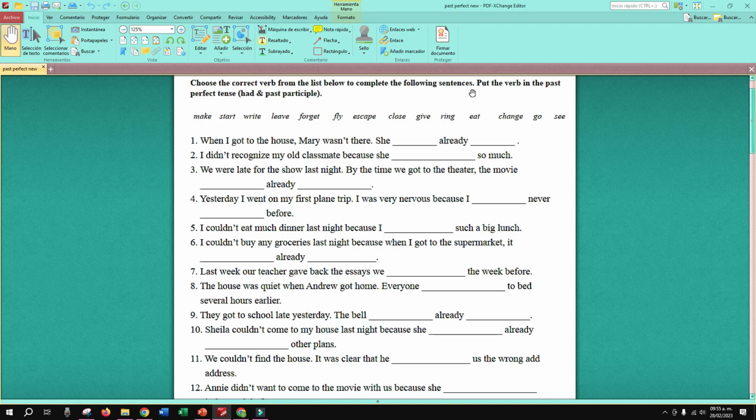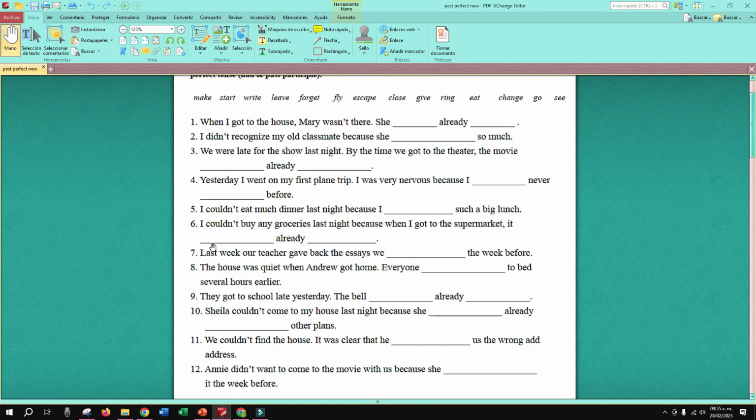Had and past participle. You know the structure there, right? And you have those verbs: make, start, write, leave, forget, fly, escape, close, give, ring, eat, change, go, and see.